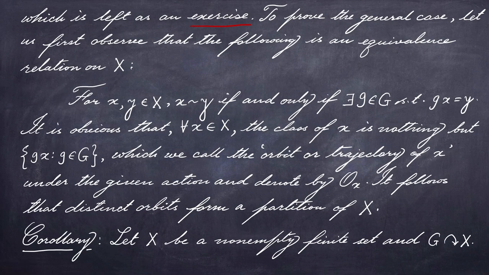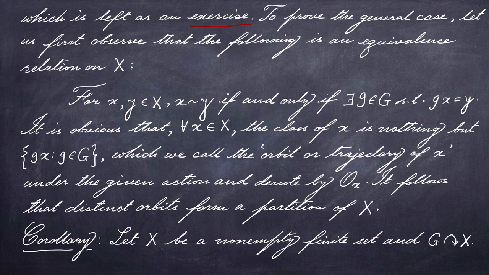But in this lecture we will even prove this when X is not necessarily finite. So to prove this general case, we need to make certain observations, which will lead us to the desired decomposition. So we observe that this relation, that is x and y are related if and only if x can be translated to y by a group element.